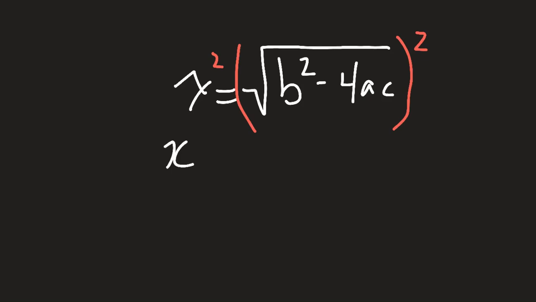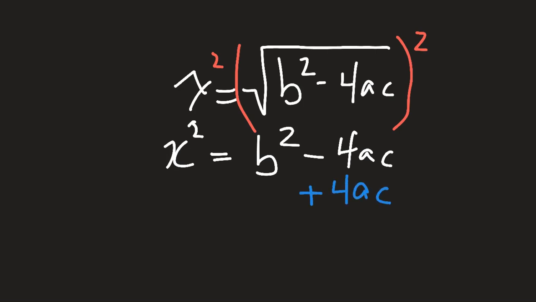So we now have x squared equals, my root and squared cancel out, so I'm left with b squared minus 4ac. The next thing we're going to do is add 4ac, and we'll add 4ac to the other side.